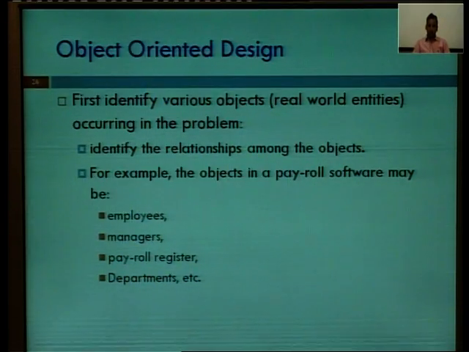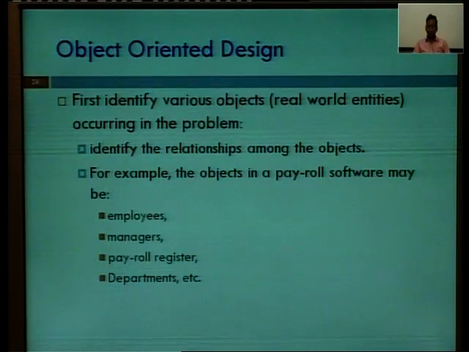In the object oriented approach, we first identify the various objects occurring within the problem. Objects are basically real world entities that have some particular properties.